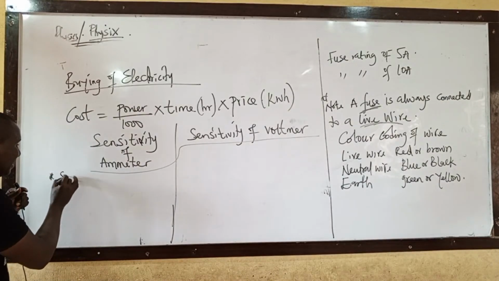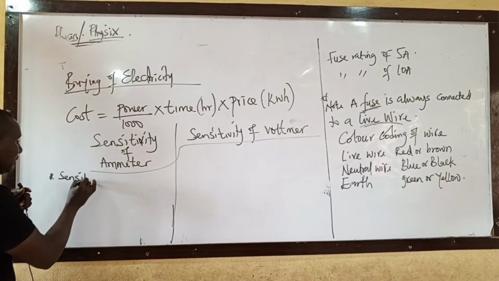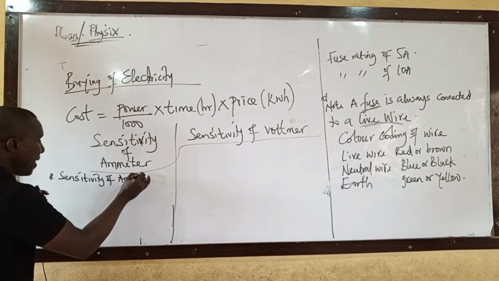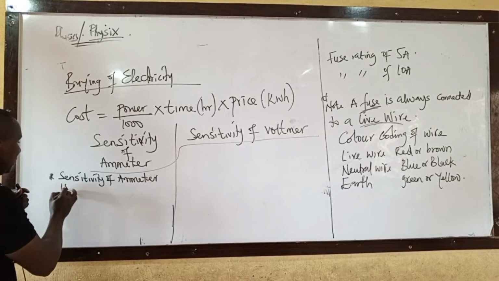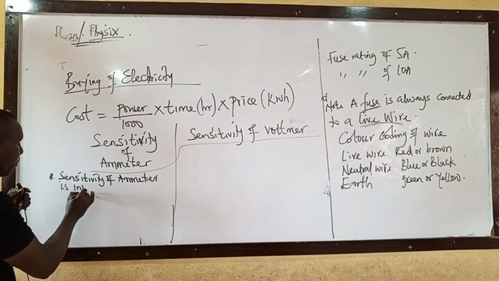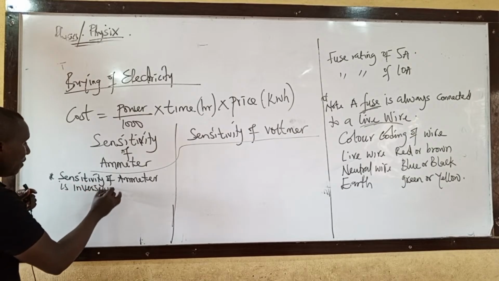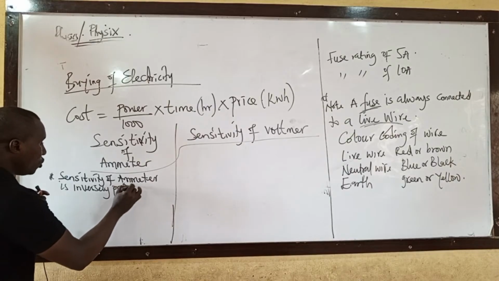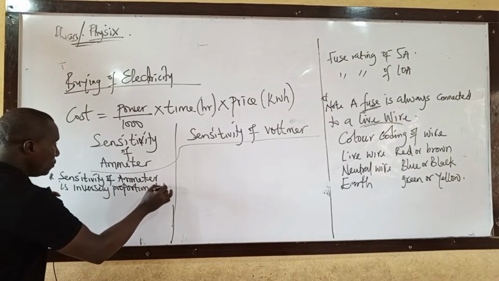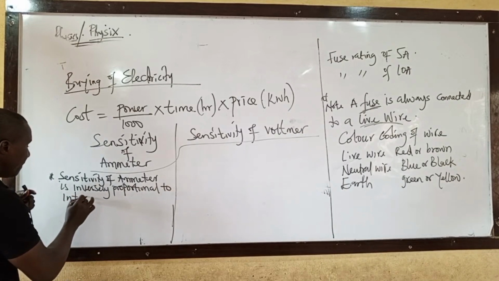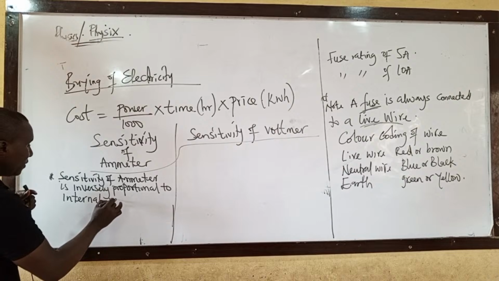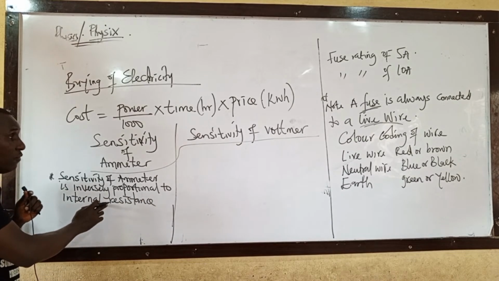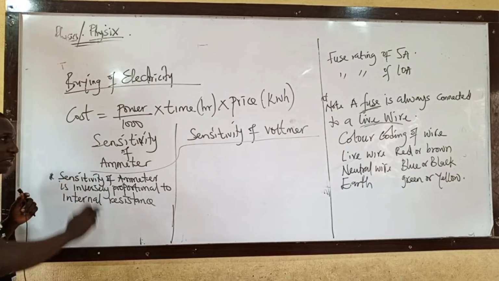I told you sensitivity of ammeter is inversely proportional to internal resistance. Take note of that. Internal resistance is one of the factors that affect sensitivity of ammeter.